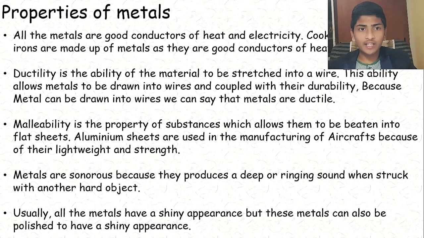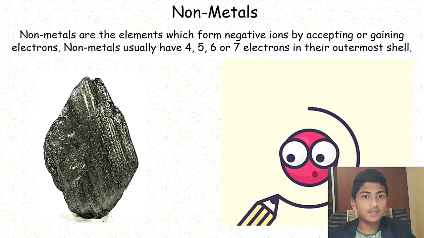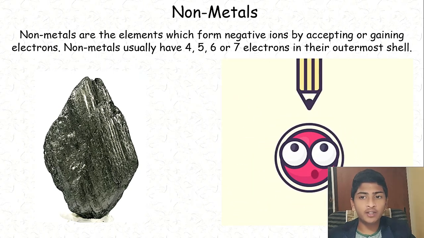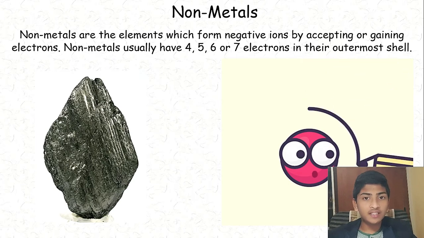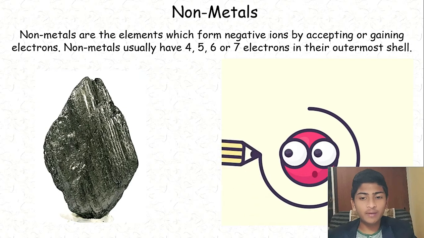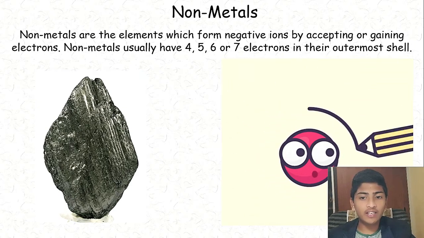Now let's see about non-metals. Non-metals are the elements which form negative ions by accepting or gaining electrons. It's like a chemistry definition. These non-metals don't have a definition like metals, and they don't have any geographical features.